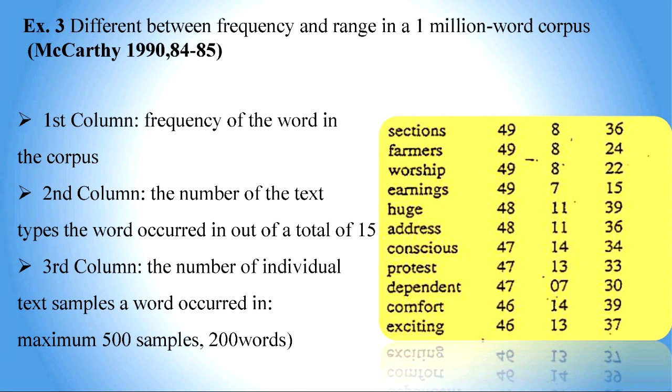So here, maximum 500 samples, 200 words. Here is like a corpus, so you can see these words, how many are repeated twice, and the text samples, and the type of word.